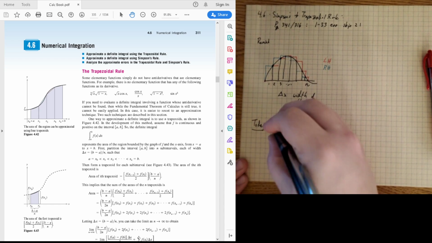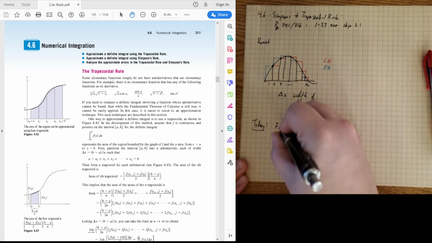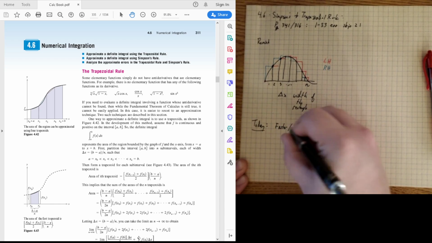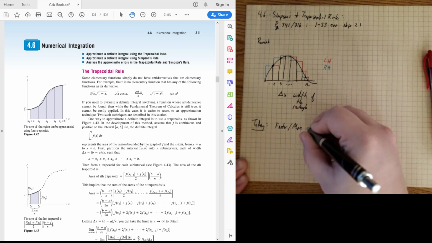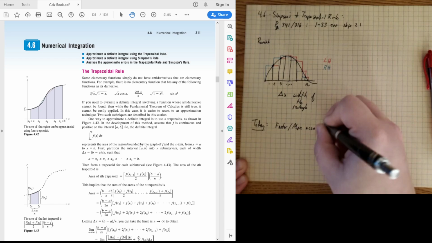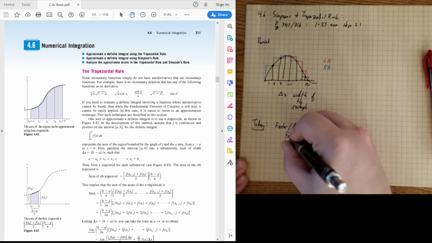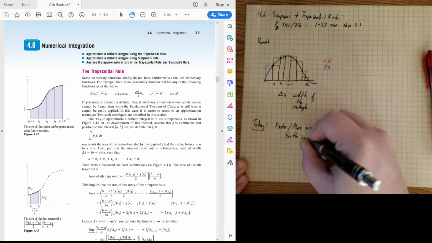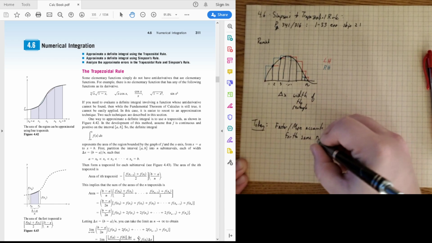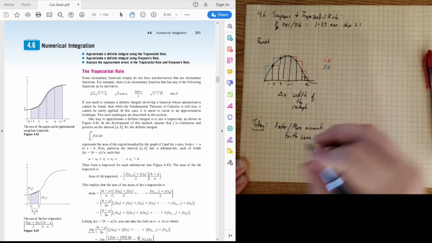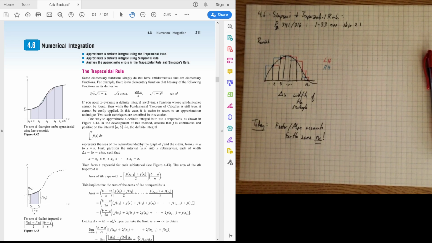However, the big difference is that this, in theory, should be faster and more accurate for the same n. That's the big deal. So we're going to come across some problems today that are simply not solvable no matter which technique you want to use.